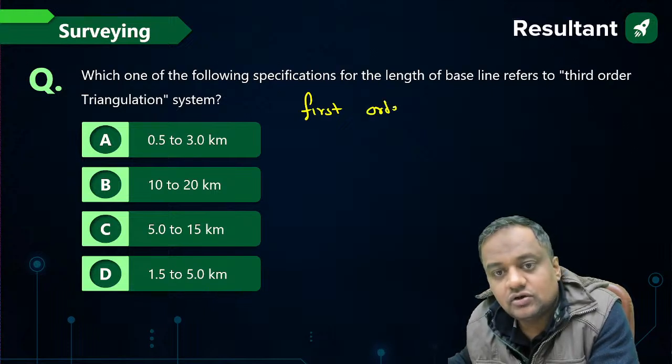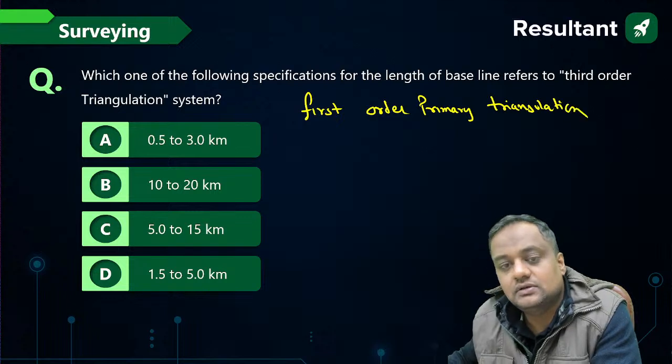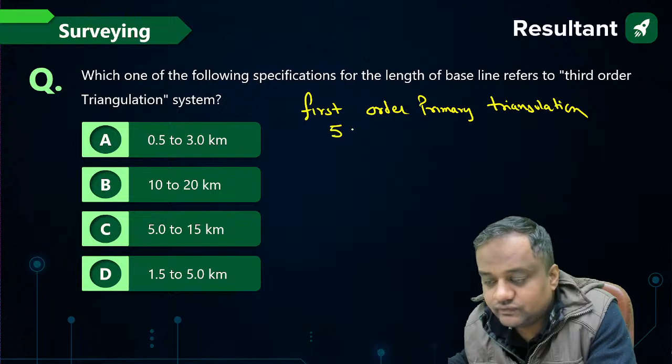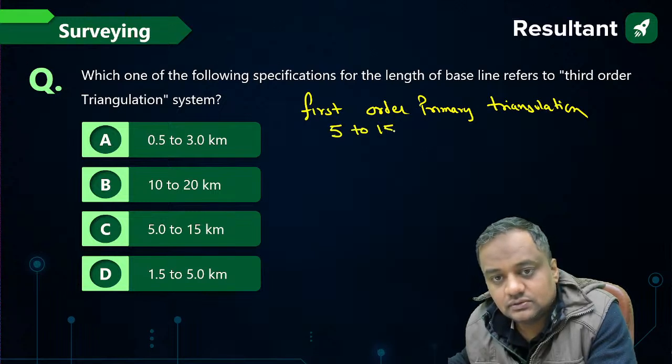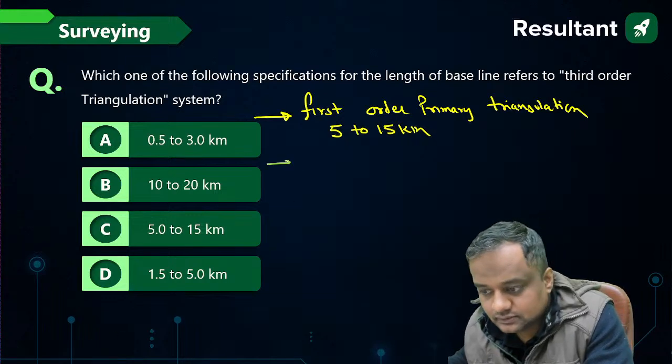First order, also called primary triangulation, is of the most accuracy. Geodetic surveying is done in this. Here the length of baseline is 5 to 15 kilometers. It is done over a larger area.